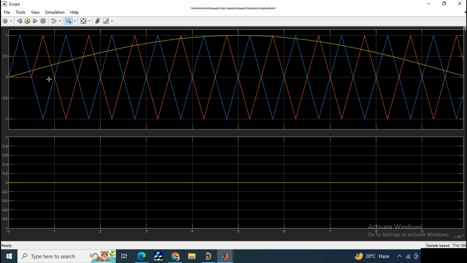So you can see that the second carrier signal is 180 degrees phase shifted to the first carrier signal.